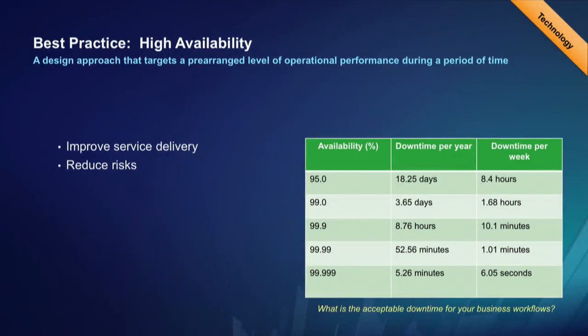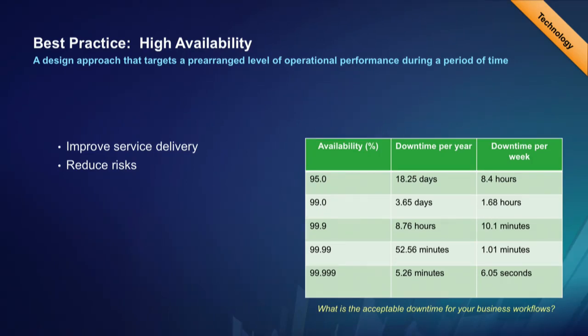High availability is a design approach that helps you to meet prearranged levels of operational performance over specific periods of time. To achieve high availability, factors such as hardware, software, and governance need to be addressed.